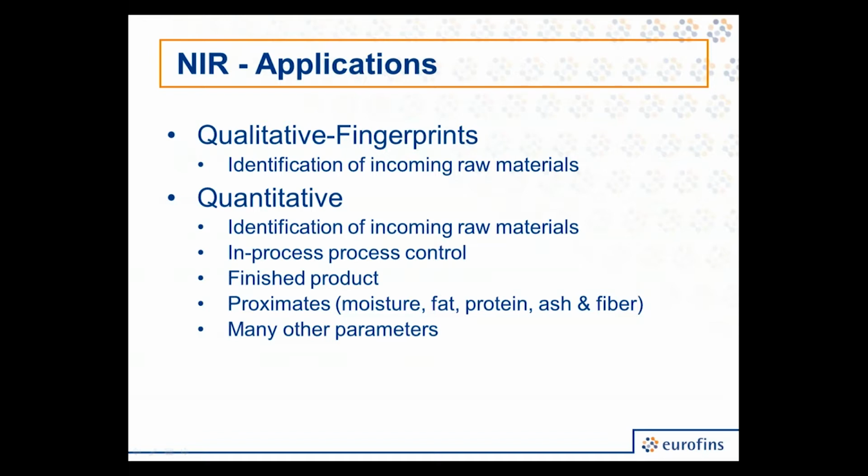Near-infrared is just not a good application to detect anything at the parts per billion level or in the lower parts per million levels. For example, we can't expect near-infrared to be used as a tool to differentiate between two samples where one contains 300 parts per million of pure magnesium and the other contains 600. We just want to make sure that you know some of the limitations that go along with near-infrared, as well as the many benefits. Okay, next slide.